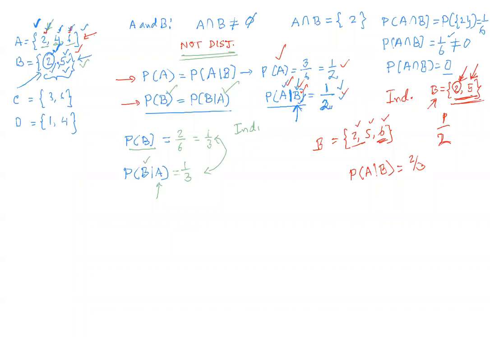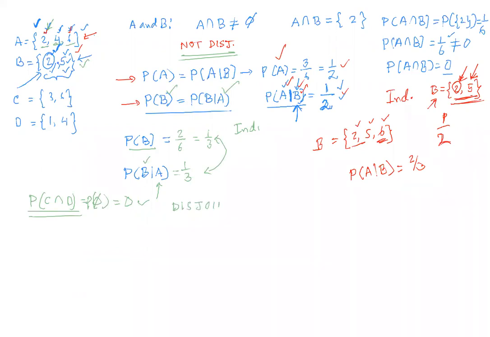Now let's look at C and D. Now it should be easy. What is C intersection D? The empty set. So the probability of C intersection D is the probability of the empty set by definition, which is 0. So these two events are disjoint, okay?